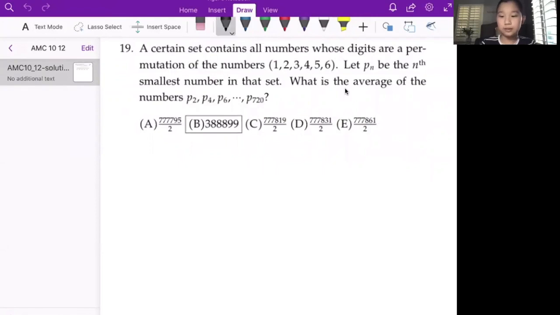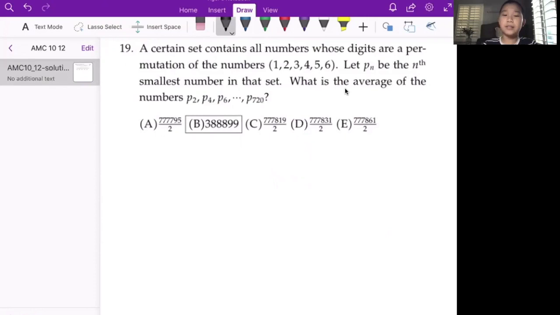So, first note that there are 720, 6 factorial equals 720, numbers that satisfy this property. So it's telling us to find the average of all the even numbers, the ones with even indices, I mean.